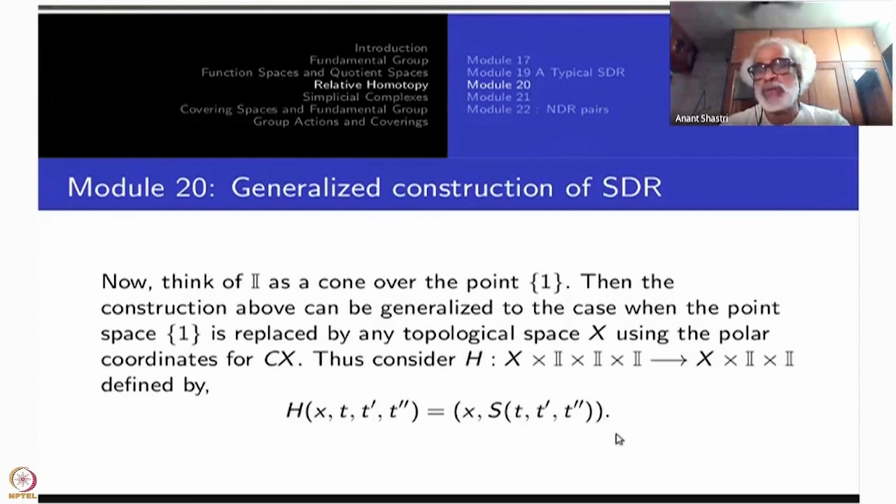Projection from (0, 2). So this was the map. Okay. So what will be the image, namely when t'' is equal to 1? All these you have to see.